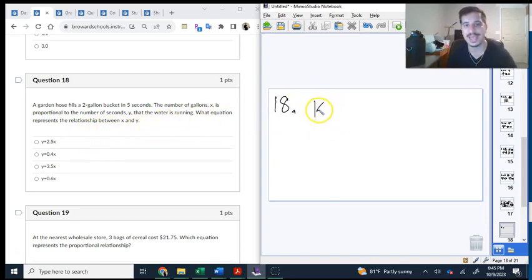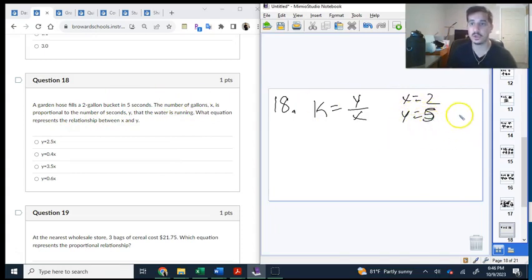Well, K equals Y over X, does it not? It does. So if X is the number of gallons, X equals 2, and the number of seconds is Y, Y equals 5.